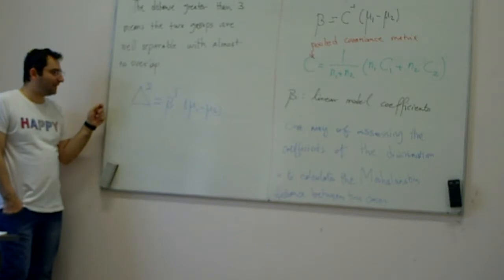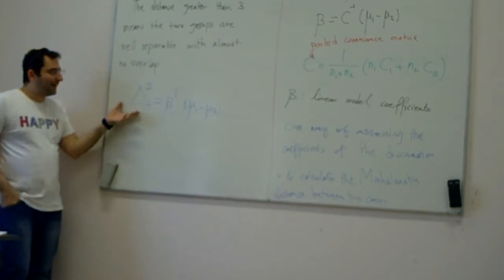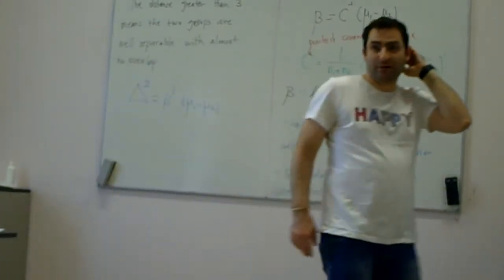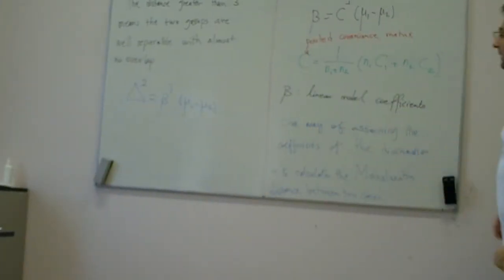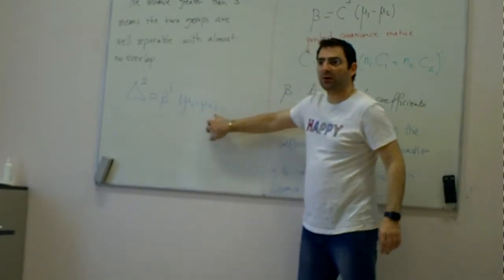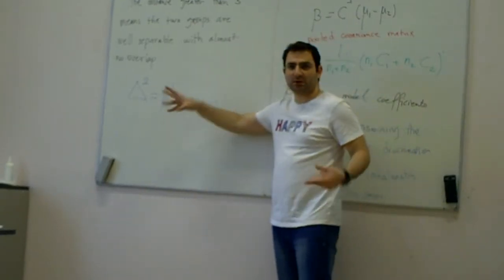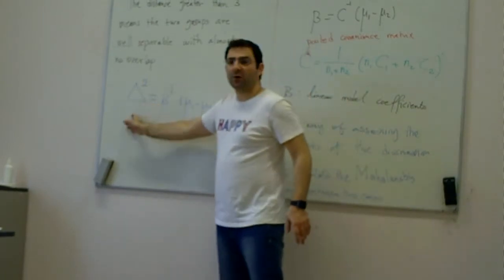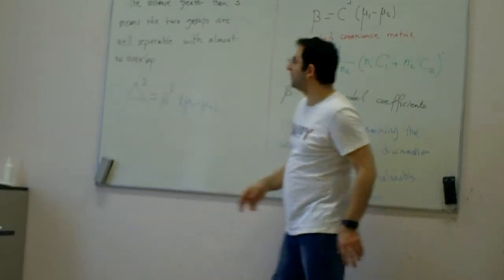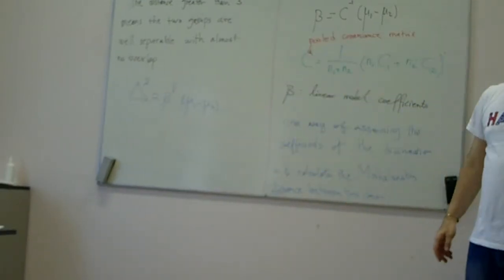After the optimization has happened and we calculate the beta, we put it into this equation. You already know mu1, mu2 and beta, so you multiply and get a value for delta squared, where delta itself is the Mahalanobis distance.